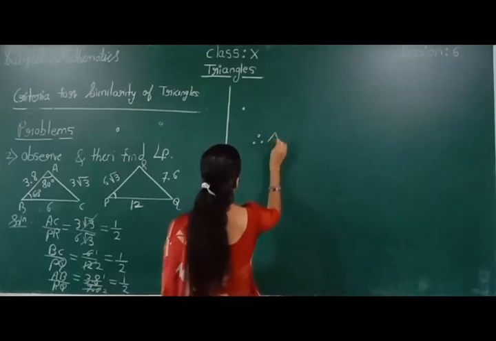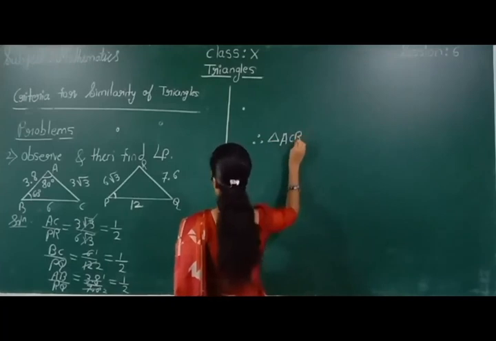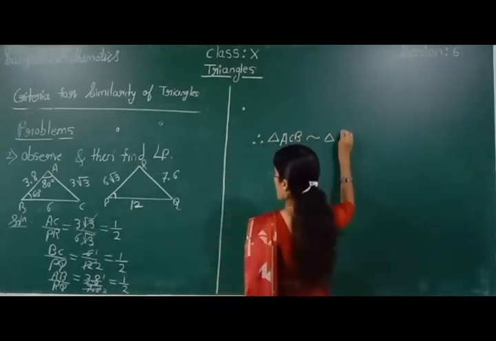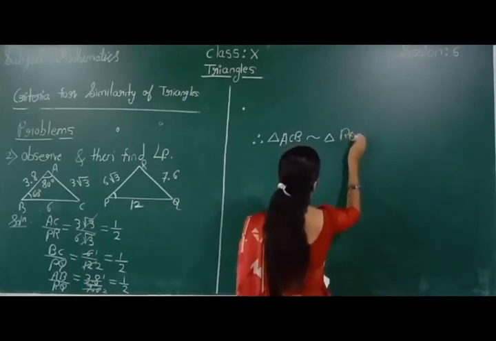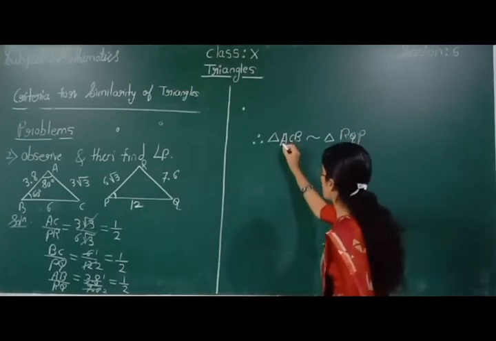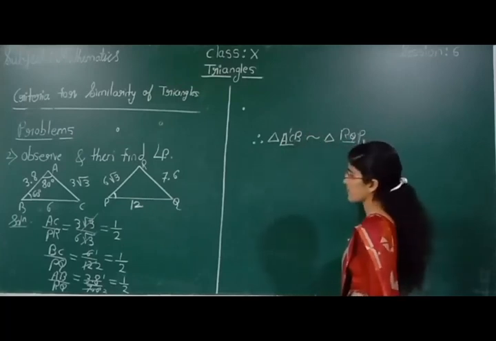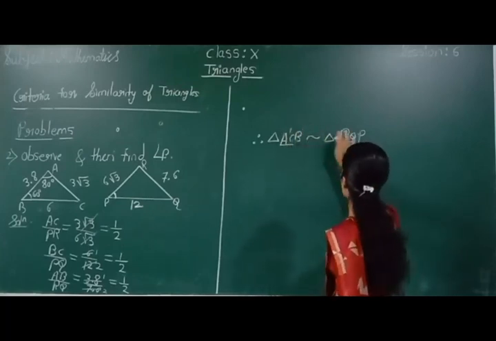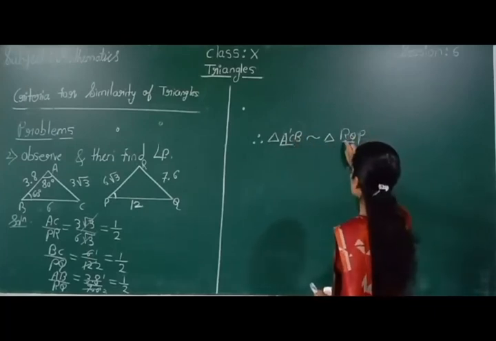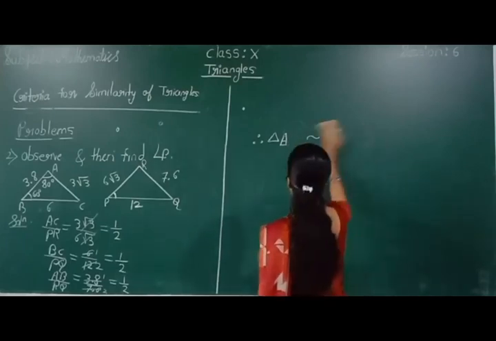Therefore, triangle ACB is similar to triangle RQP. Now see student, you have compared AC with RQ, CB with QP, right? AB with... it should be ABC, right?